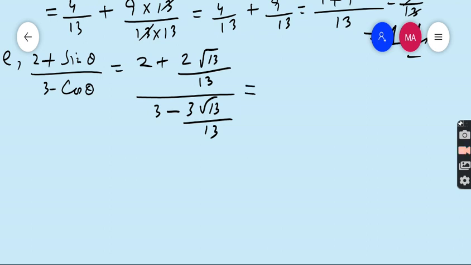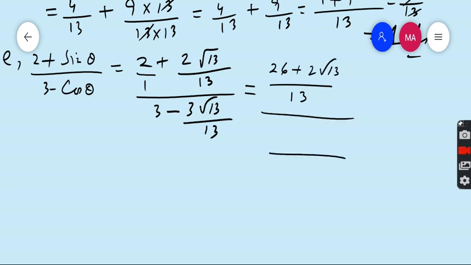Like this. This is 1. If I take the LCM of the first fraction, 13, 2 13s are 26 plus 2 root 13 upon 13. And this is 1, take the LCM 13, 3 minus 3 root 13.